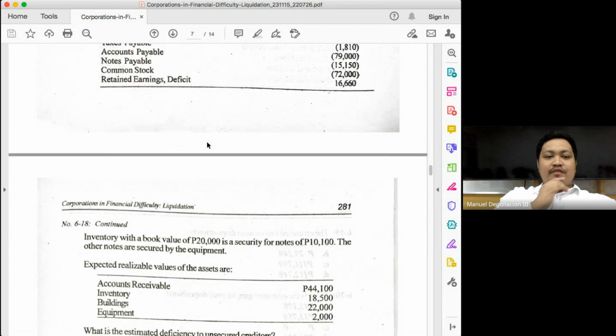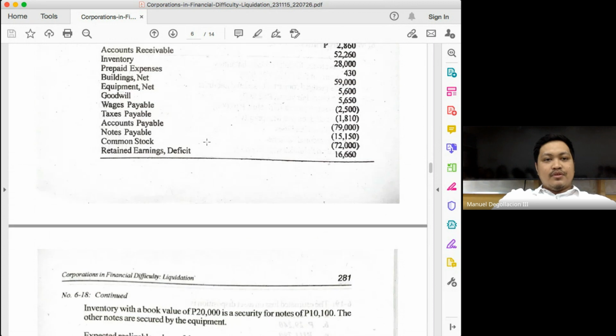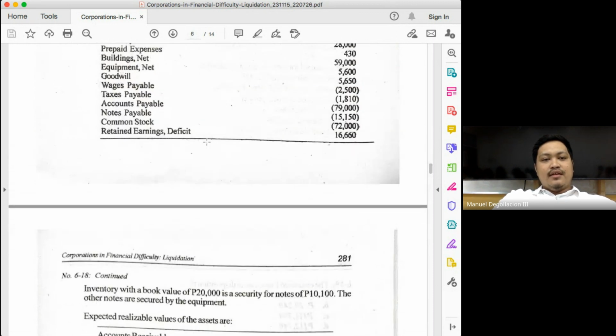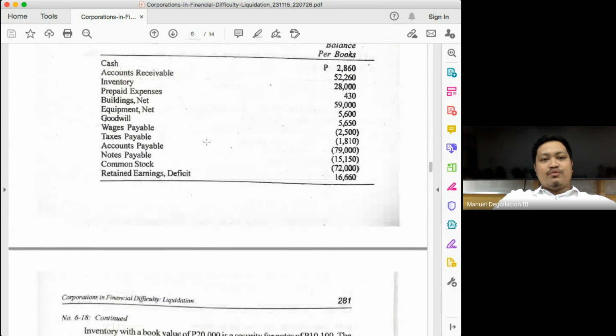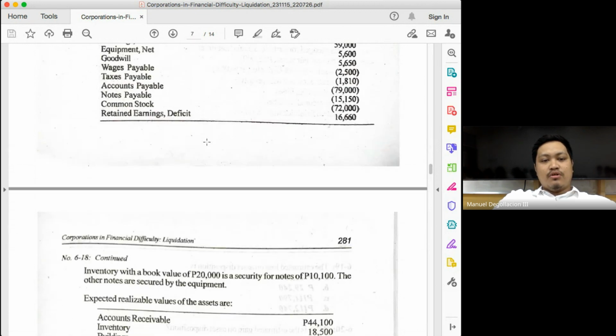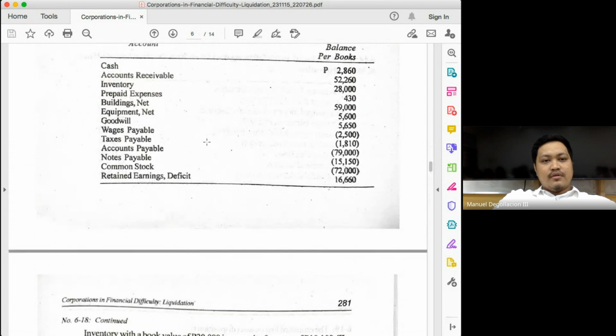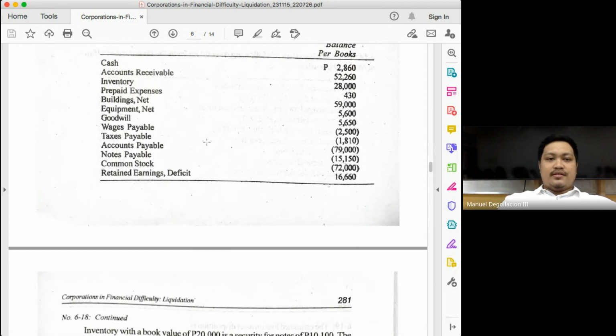Yes. So the inventory is a pledged asset. The same for your equipment. So which ones are free, class? Is the building a free asset? Yes. So the free assets would be your cash, your accounts receivable, and then buildings. Those three. Give me the sum for those three, class, and please take note of that amount.